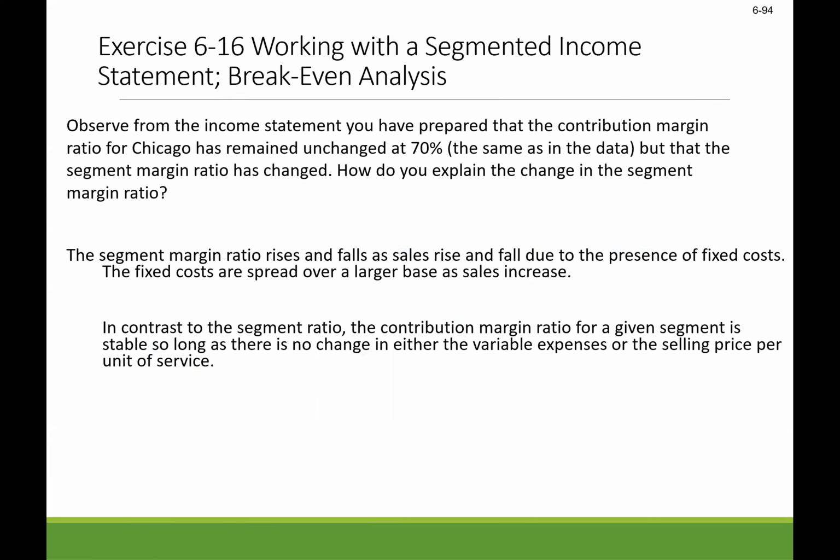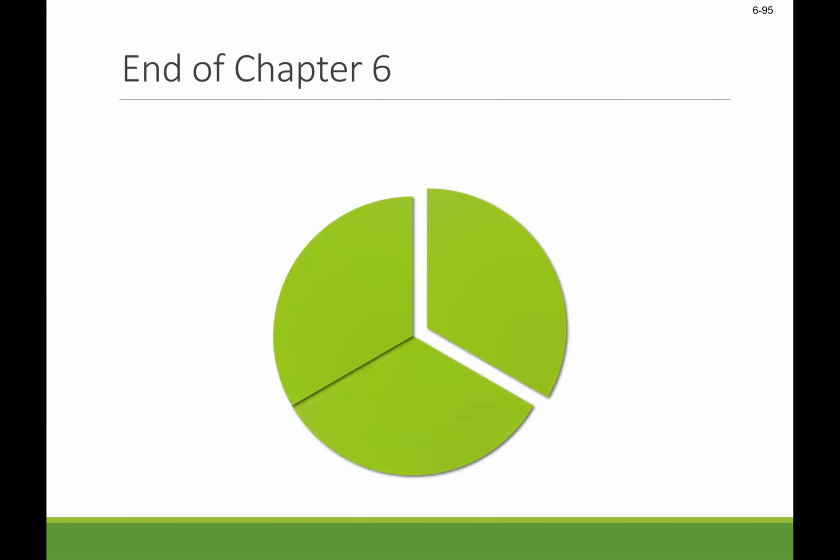The segment margin ratio rises and falls as sales rise and fall due to the presence of fixed cost. The fixed costs are spread over a larger base as sales increase. In contrast to the segment margin ratio, the contribution margin ratio for a given segment will stay stable so long as there's no change in either the variable expenses or the selling price per unit of service.